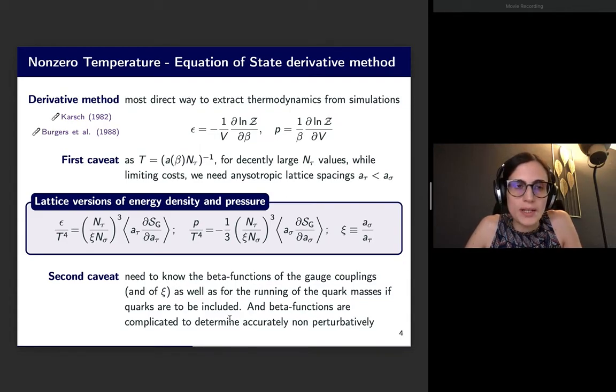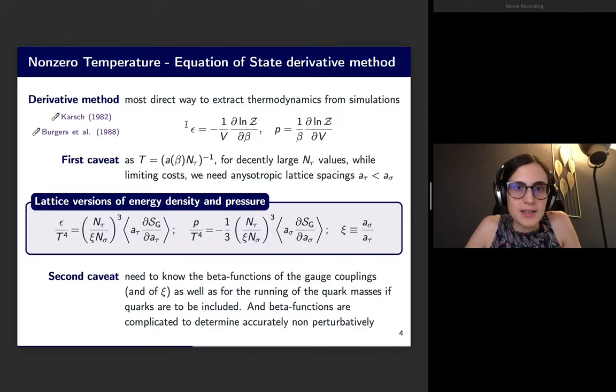And the first one I mentioned was the derivative method, which is the most direct way to extract thermodynamics from simulations, and it was proposed and used long ago. So basically, with that method, we can get to results for the energy density as well as to results for the pressure and all other thermodynamic observables that I mentioned in the beginning.